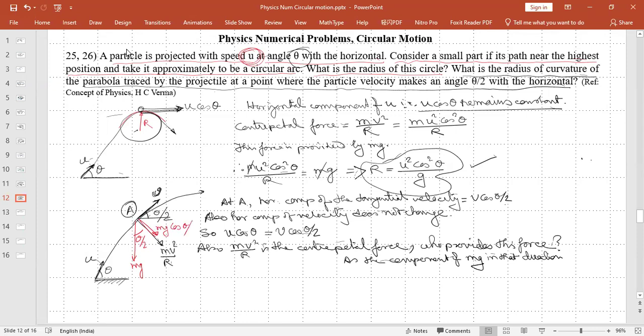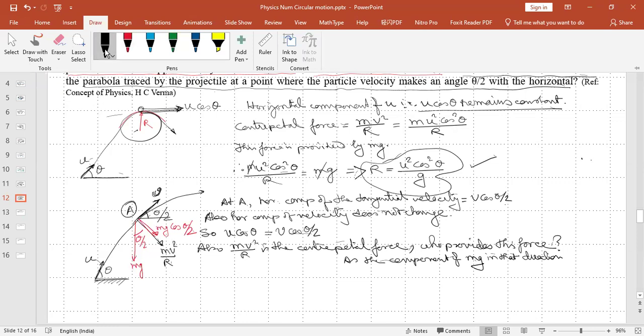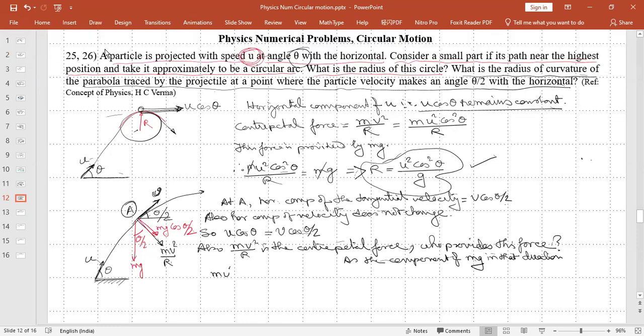We find mv square by R is equal to mg cos of theta by 2. m and m get cancelled.